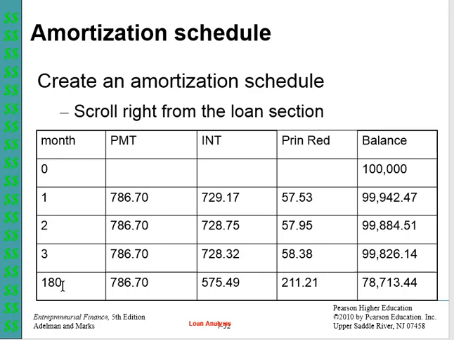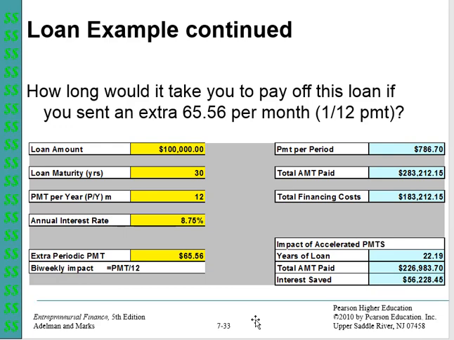And you can see at 180 months, that 180th payment, halfway through, $575 is the interest, $211 now is the principal. And at the end of halfway, we owe $78,713 on this loan. How can we make extra payments maybe? If you look at the worksheet, there is a cell for you to put in a periodic payment.